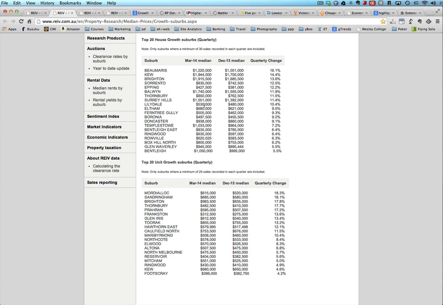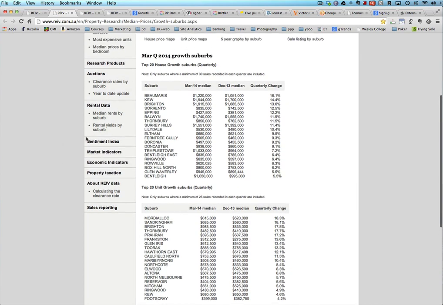So say for example, you've got Baronia. If I wanted to get into Baronia, there are other things that I will look into for Baronia. There are so many different factors that I would look into, and not just go because it came in the top 20 growth suburbs.